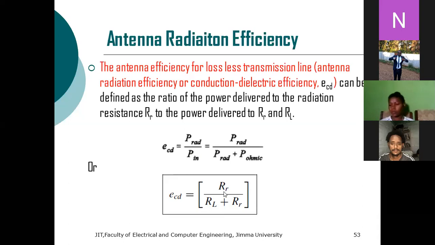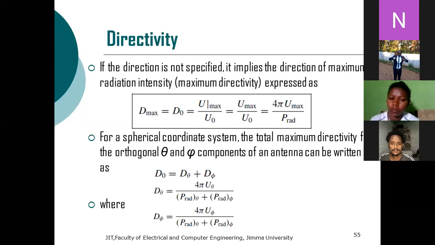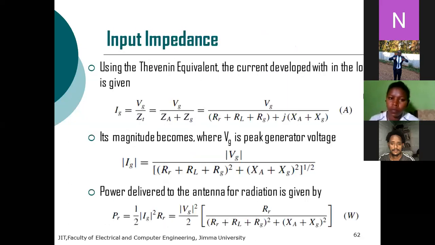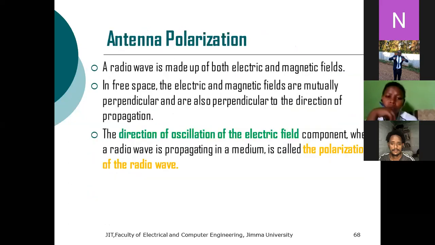The only thing we have tried is to rewrite it in terms of the resistance of the different node. Then we go to directivity. We have already discussed this. Now I just go back to antenna polarization.